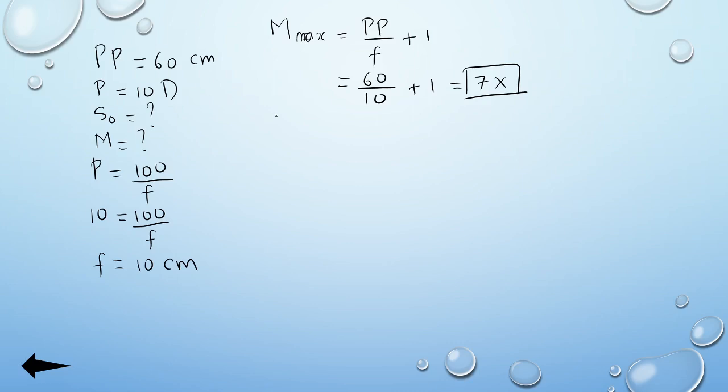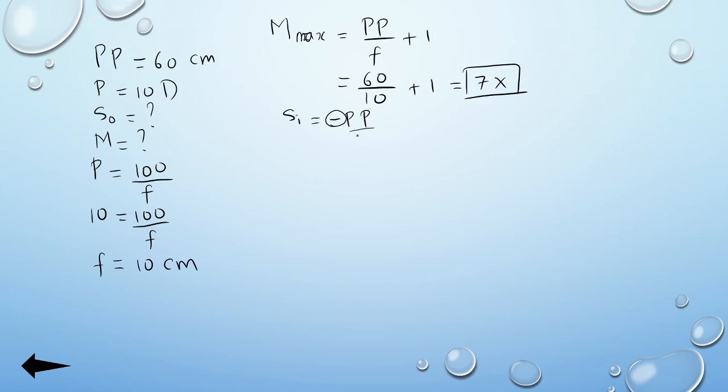Now let's try to find the distance of the object from the lens. First, we have to determine the SI. SI equals negative PP. Why does SI equal negative PP? First, the negative sign here shows us that the image formed by the magnifying glass is a virtual image.